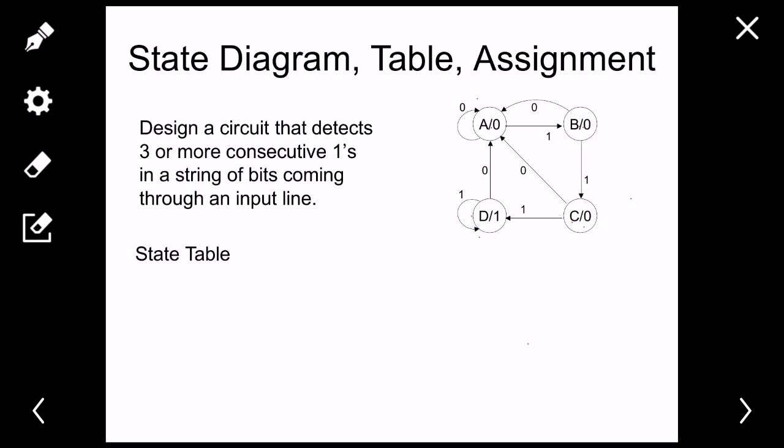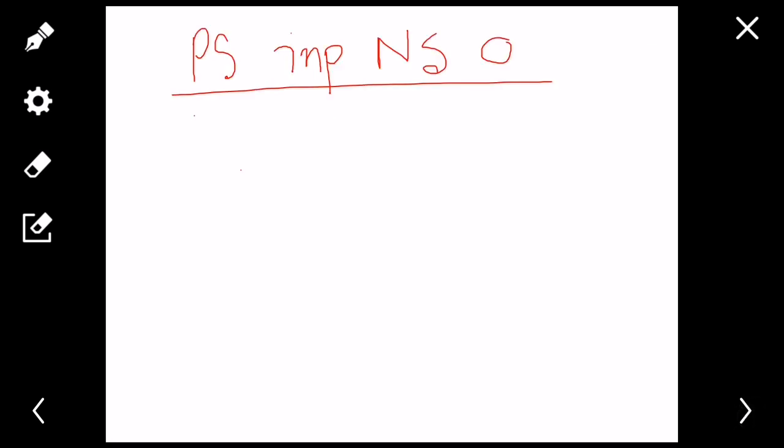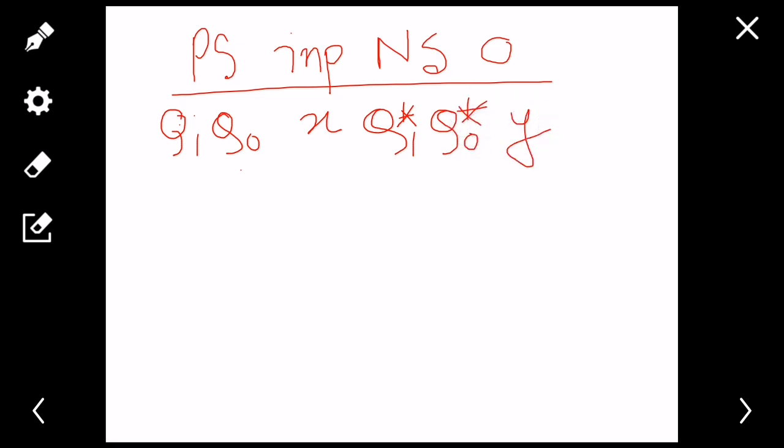That means I would be needing at least 2 flip-flops, flip-flop number 1 and 2. So q1, q0, then the input x, the next state q1 star and q0 star, and then the output.